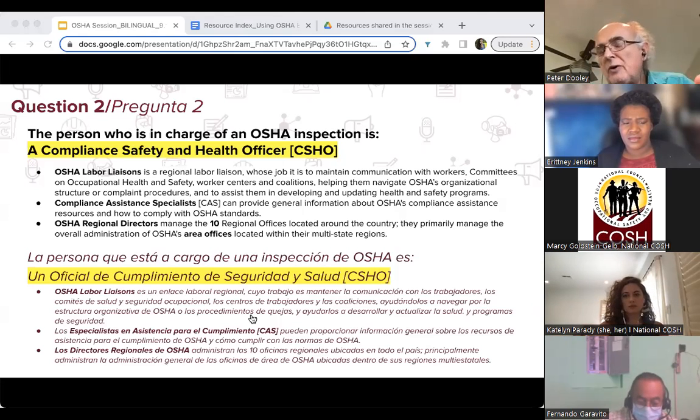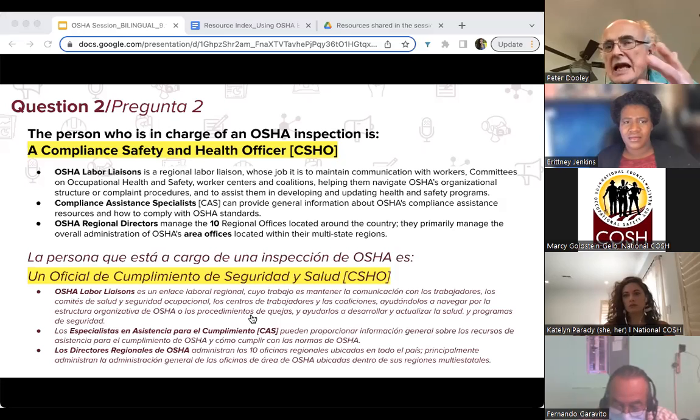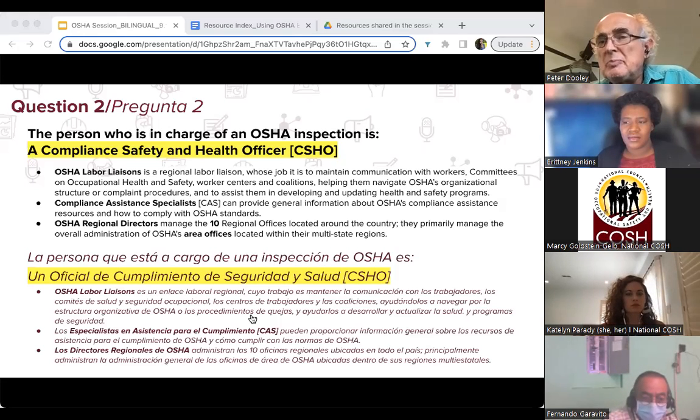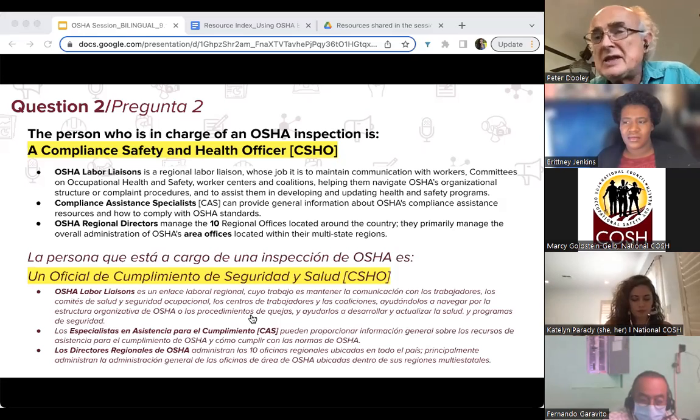The one theme of this whole session is that we really need to be engaging with all the resources that are there to make sure that the end job of making workplaces safer for all workers is that we're doing the best that can be done.